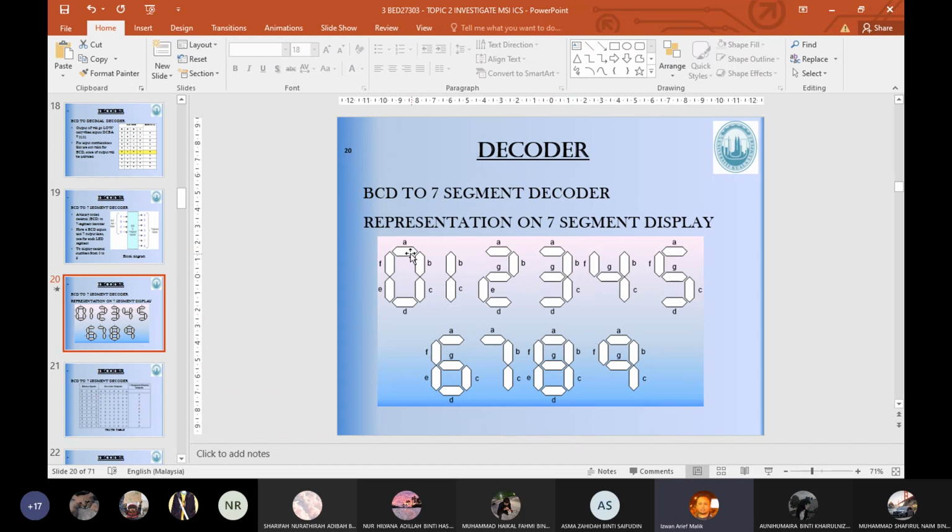So if you want to display number 0, F, G tak menyala. Kalau display number 1, A, B dengan C sahaja yang menyala. Display number 9, D dengan E tak menyala. Okay, so this is important. Kalau dia active low, means that 7 segment tu, katalah 7 segment tu adalah active low, dia respons kepada 0.